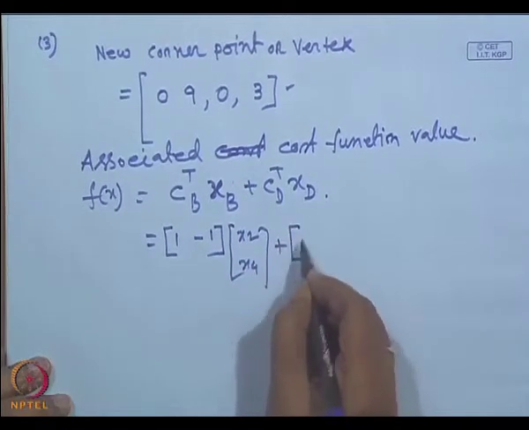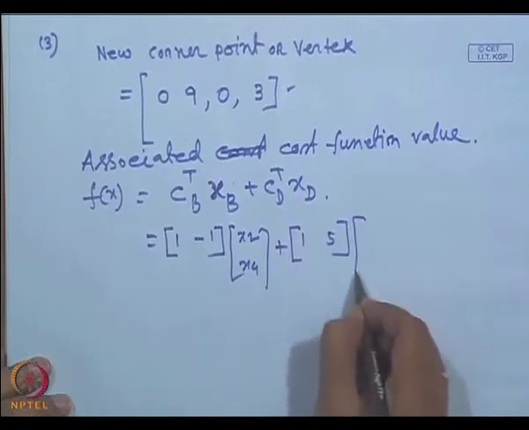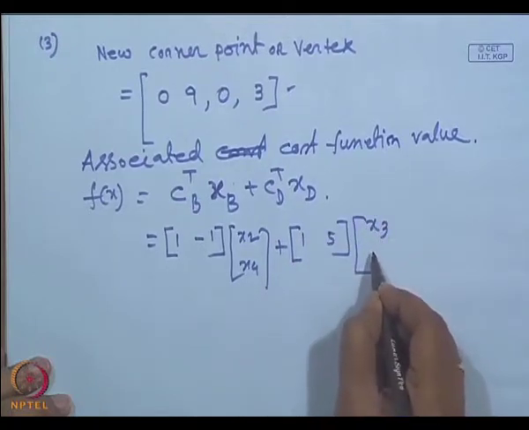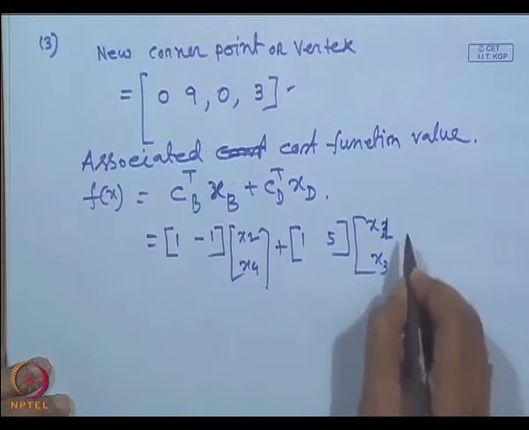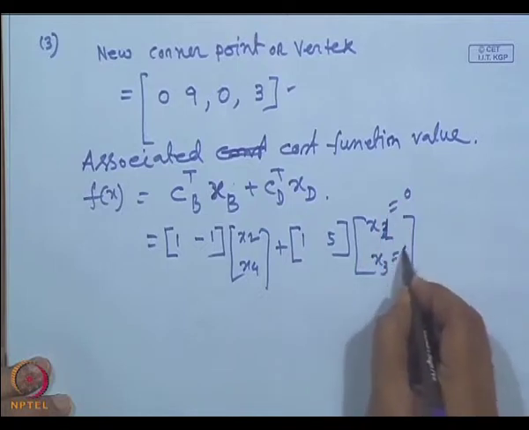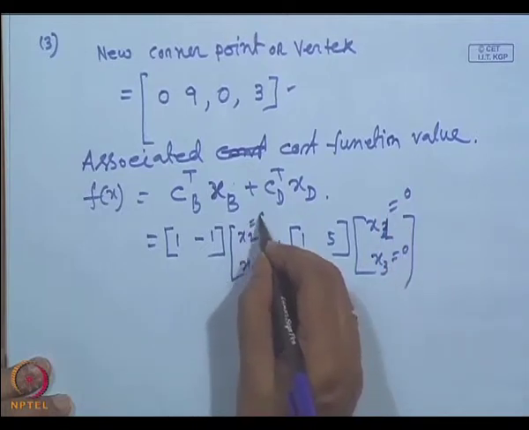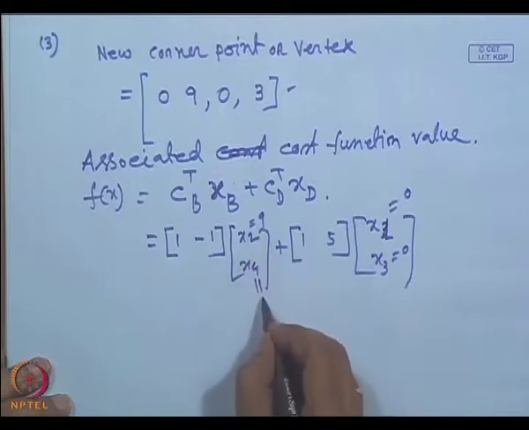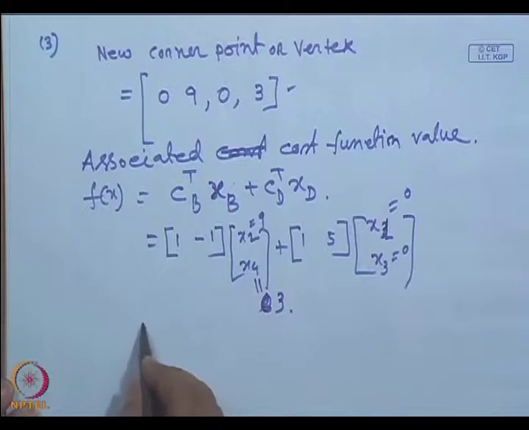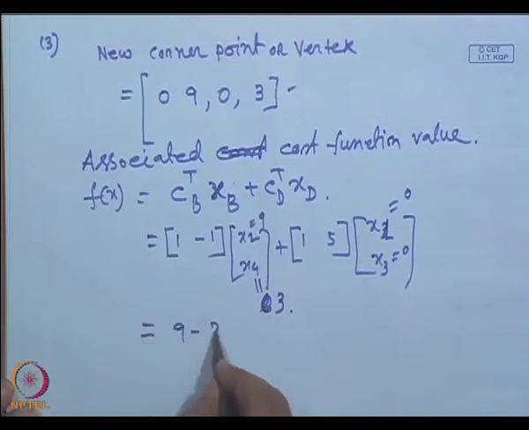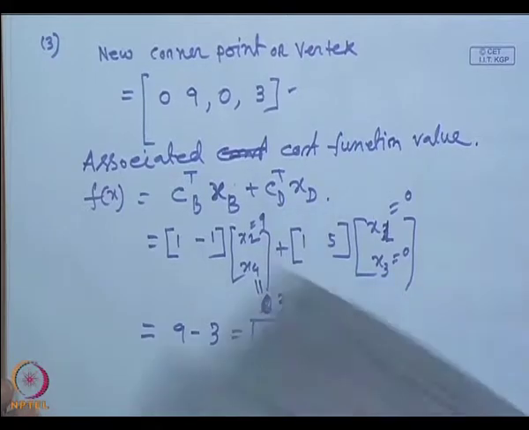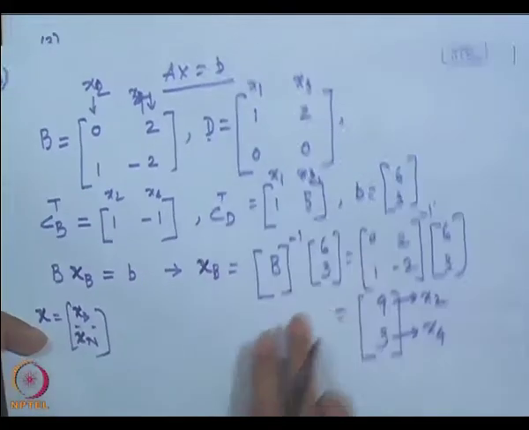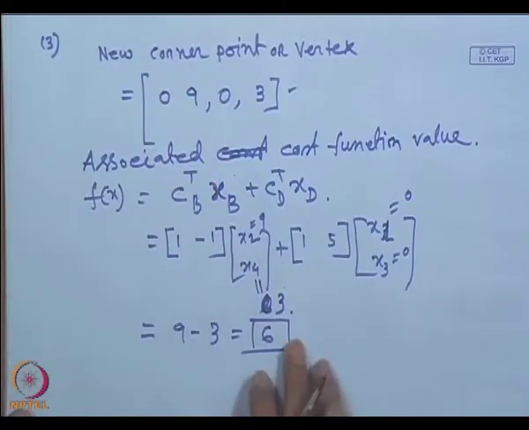C D is 1, 5, for x 1 and x 3, and those values are 0 and 0, and for x B you got 9 and 3. If you do this, 9 minus 3 is equal to 6. I just put the C B value and C D value in the objective function.